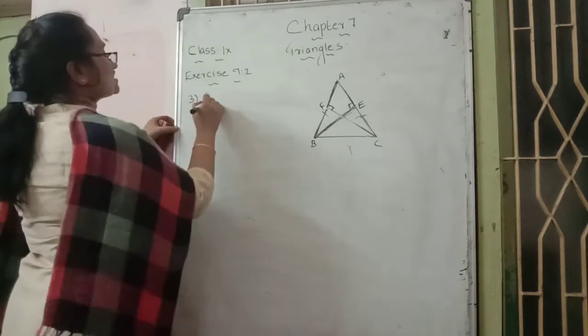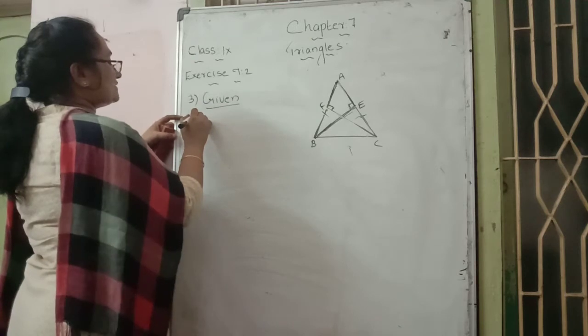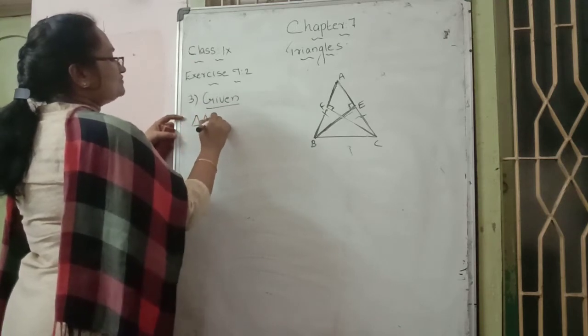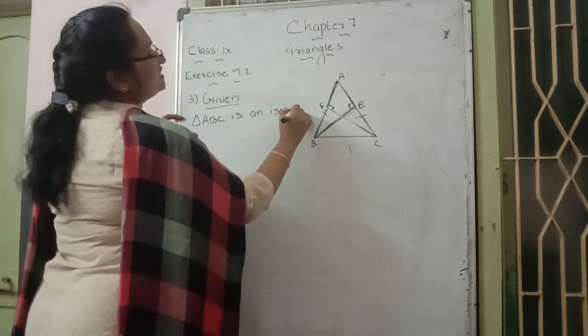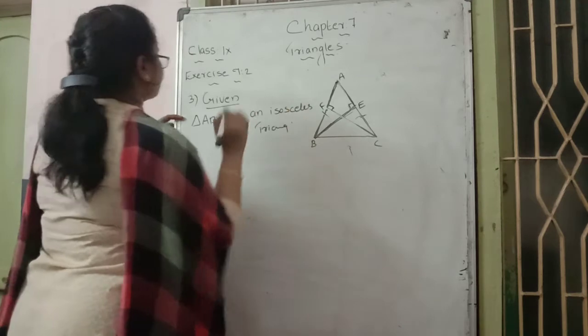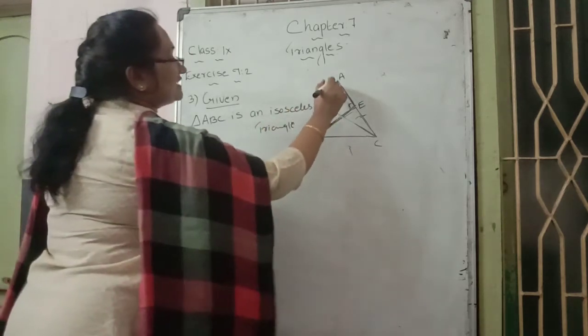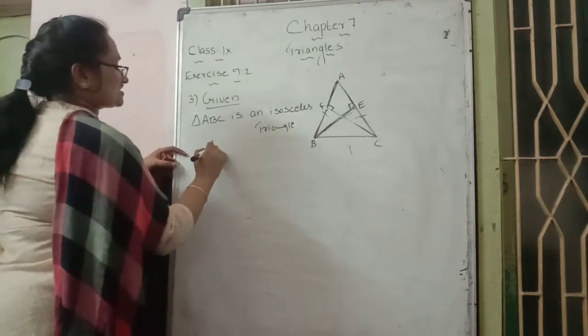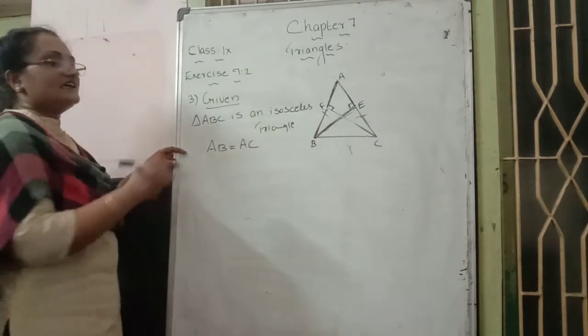So first we start. How to start? What information is given? Triangle ABC is an isosceles triangle. In an isosceles triangle, the AB side and the AC side are equal.